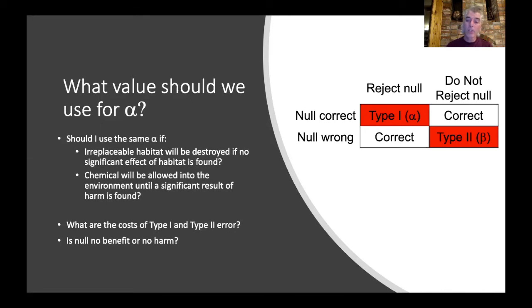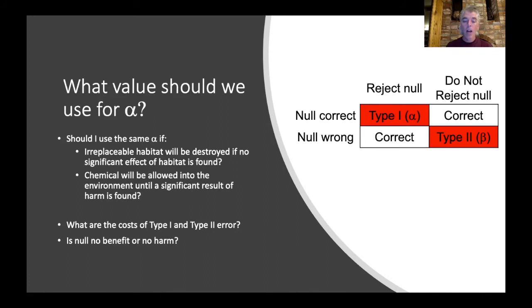Maybe in these sorts of situations, we might be better off with a statistical test that uses a higher level of alpha and puts less weight of evidence on the null hypothesis and allows us to more easily reject that null hypothesis.